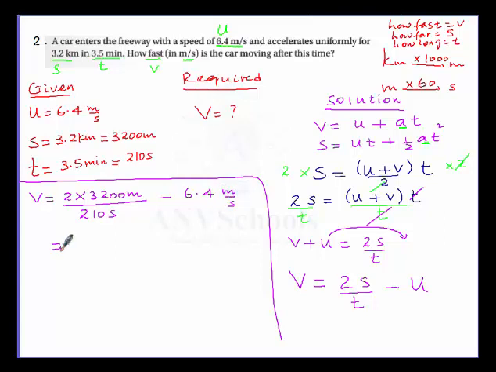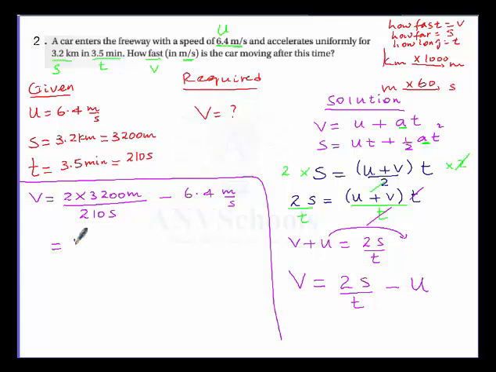So this is equal to, multiply the numerators together, 2 multiplied by 3200, and divide the answer by 210, which is 30 point.